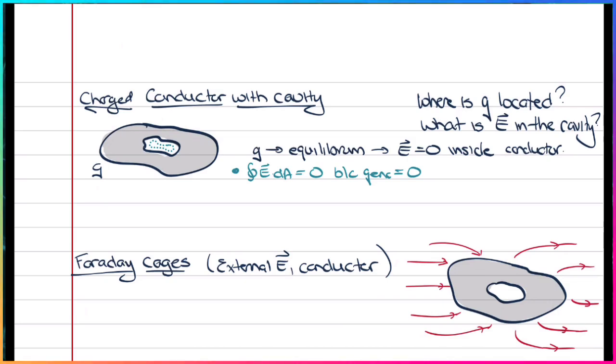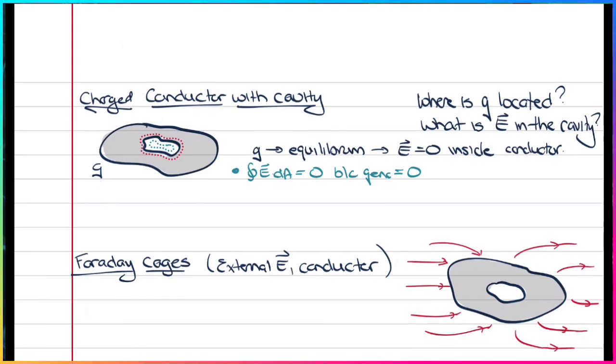What if I were to draw another surface that's just hugging the inside of the conductor? The blue one I really could have drawn anywhere inside the cavity, but imagine I drew the blue just on the inner edge of the cavity. There the flux is 0 because there's no charge inside the blue dotted line I drew.